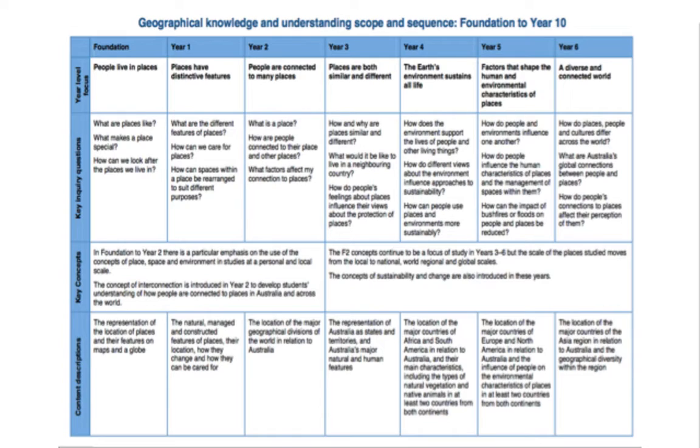So this graphic that you see is a matrix that describes the year levels, key inquiry questions, key concepts, and content descriptions. You should already be familiar with this, especially if you've started undertaking your homework, your assignment one, I mean. And for most of you, you should already be midway and almost finishing up with your assignment one for this particular unit.